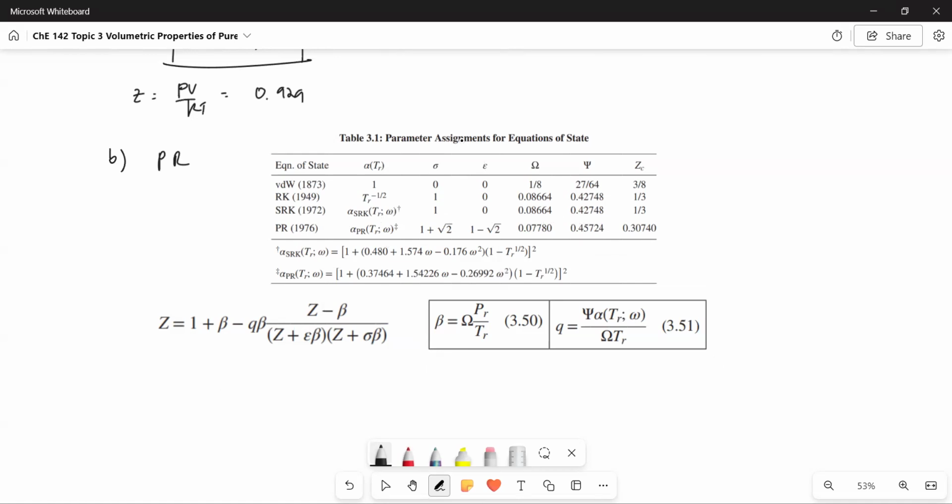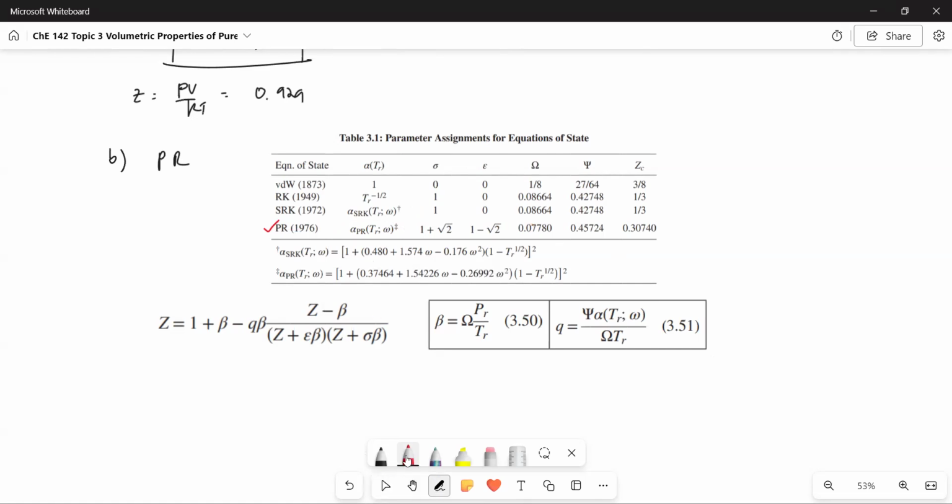Please refer to this one. I will encircle that or put a check mark.